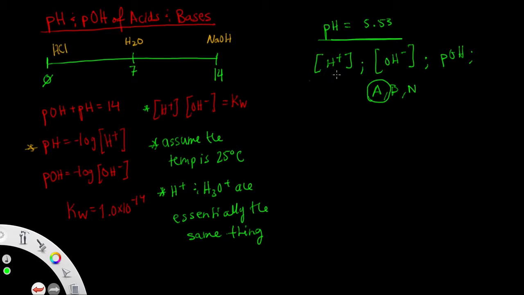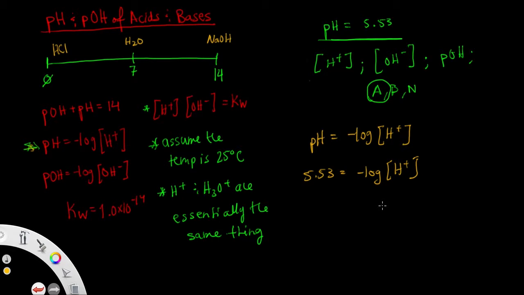Well, we can immediately find our H plus concentration by using, once again, this equation. pH is equal to negative log times the concentration of H plus. And since we know that the pH is 5.53, we can take the negative log of something that we're not sure of, and we can solve for H plus.